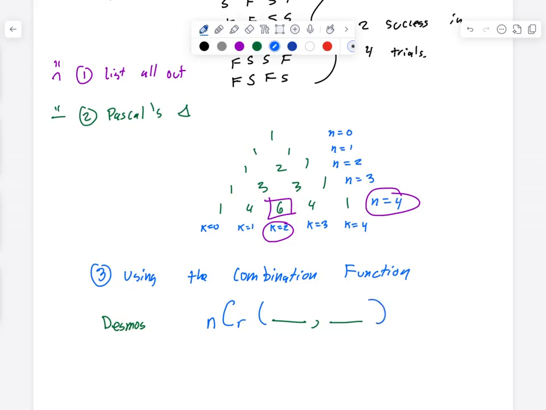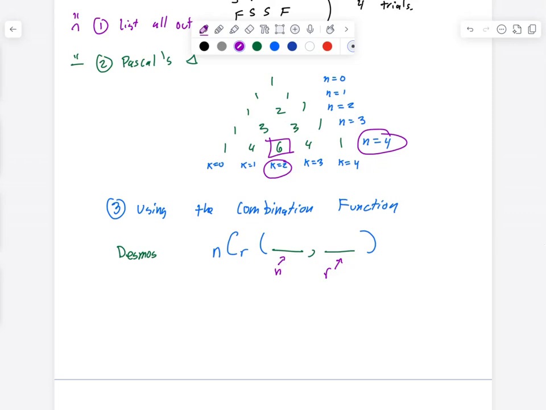So you're going to put the value of n right there and the value of r right there. So in the example that we did before, we would do nCr. What was n for the example that we're doing right now? 4, comma, how many successes? What was k? 2.